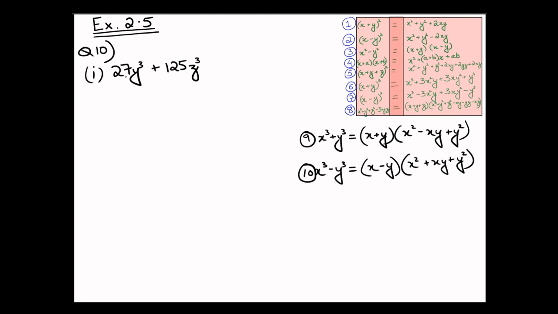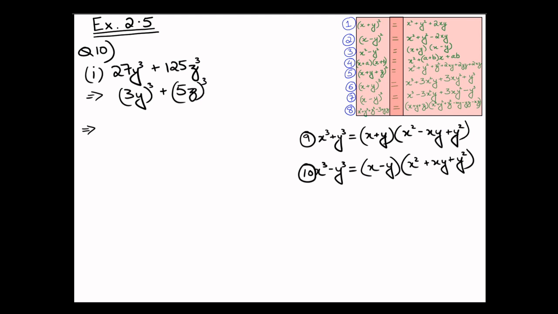So the first part here is going to use identity 9. Before that, I'll just represent it in perfect cubes. This is 3y whole cube. This is 5z whole cube.